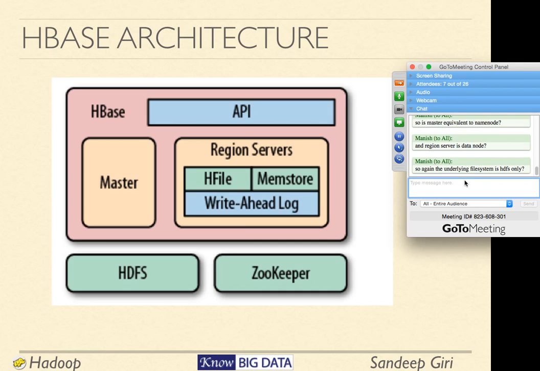While that might give an impression that they are parallel to HDFS, the region servers themselves store the data in HDFS. Finally, the file system where region servers store their data is HDFS. That's correct. All right.